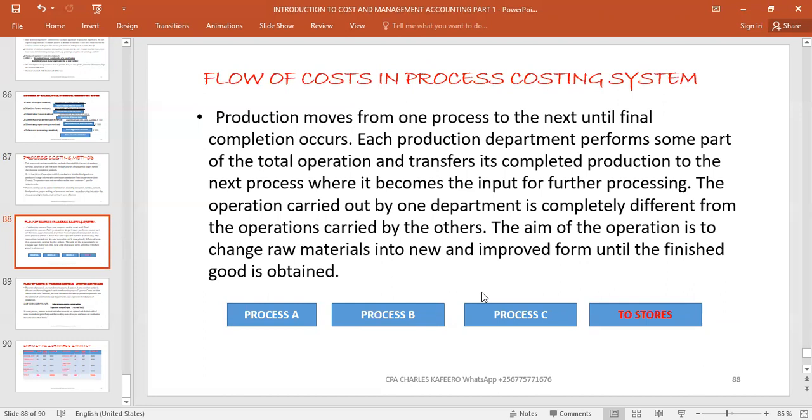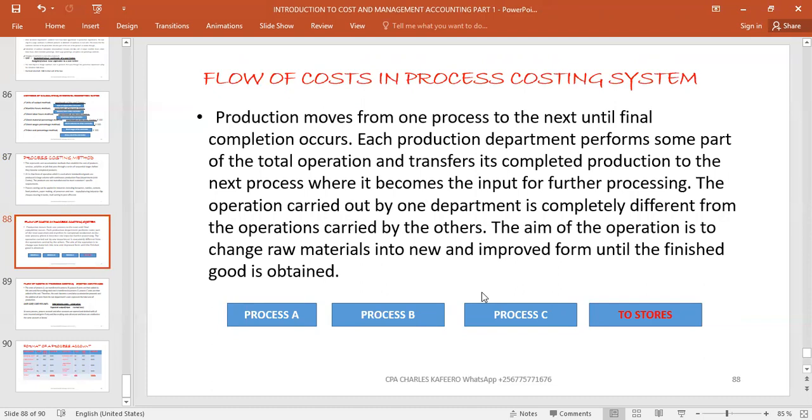Now we are looking at how these costs are flowing within the process costing system, the flow of costs in process costing. We are saying that production moves from one process to the next until final completion occurs.